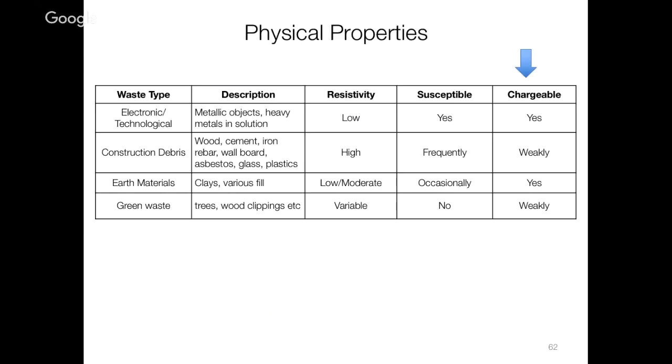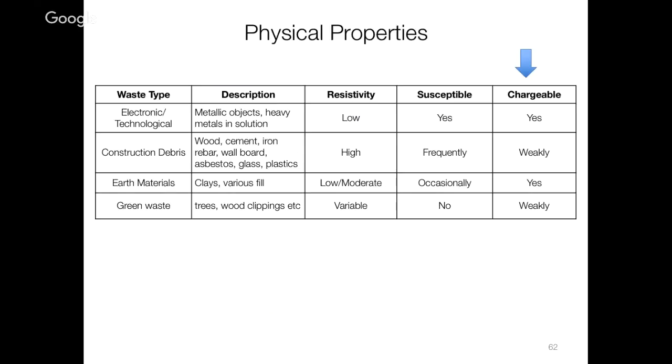And then the question is, what are the physical properties? Well, the resistivity could potentially be diagnostic, but sometimes you don't even know whether it should be resistive or conductive. Right? So the resistivity might be very high for wood or wallboard or plastics, but it actually could be really low for metallic objects. So depending upon what's there, the resistivity could be high, low, variable.